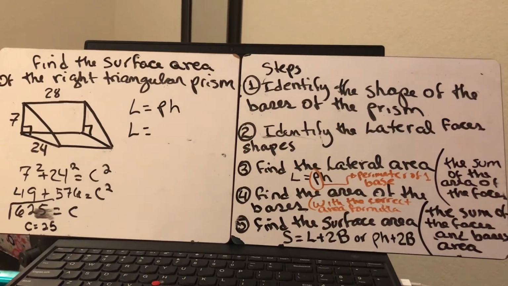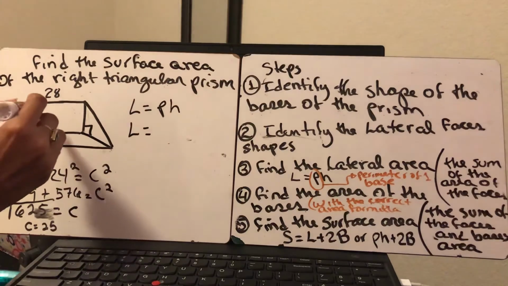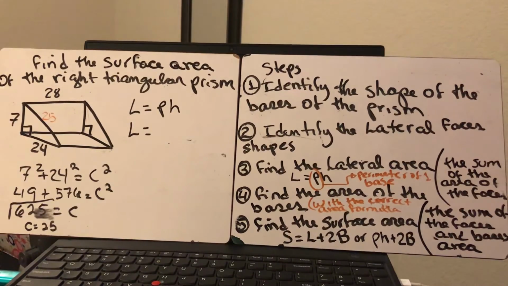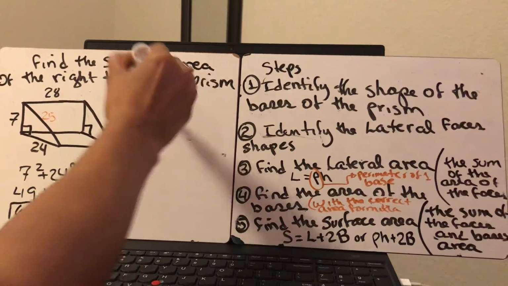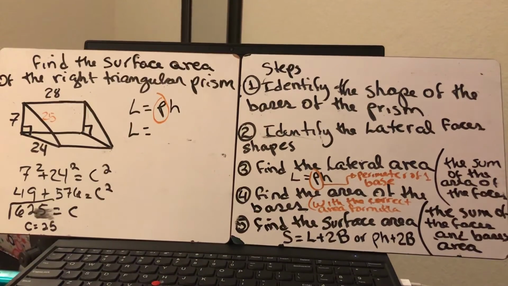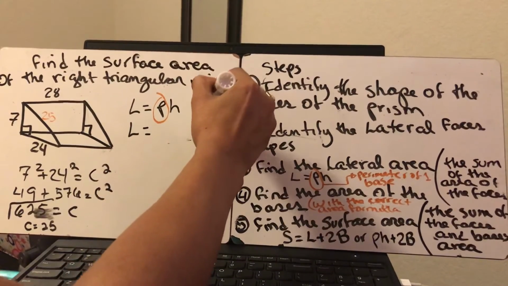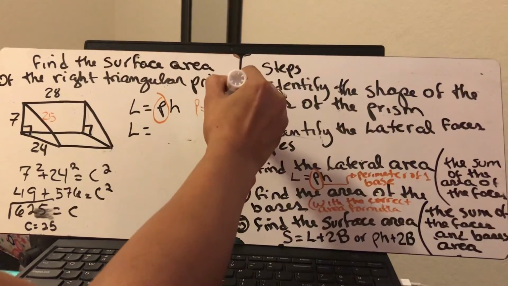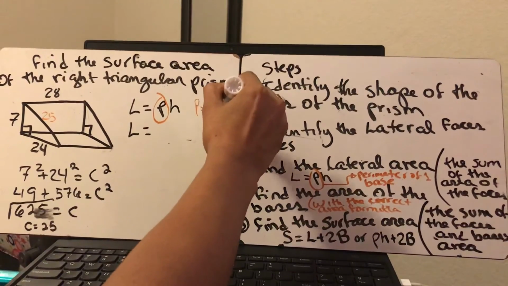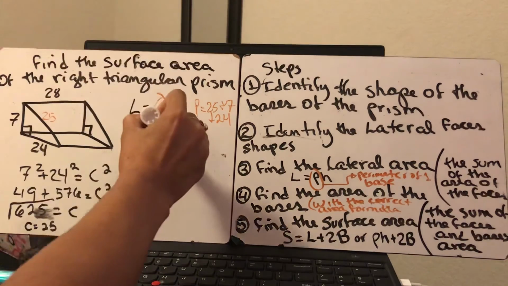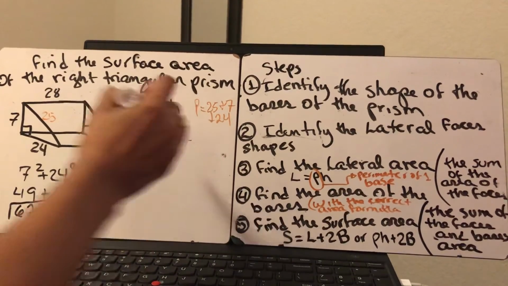So now that I found this side right here, which is a 25, now I can find that P right here, which is the perimeter of just one base. And the perimeter is going to be 25 plus 7 plus 24, that is 56, times the height.